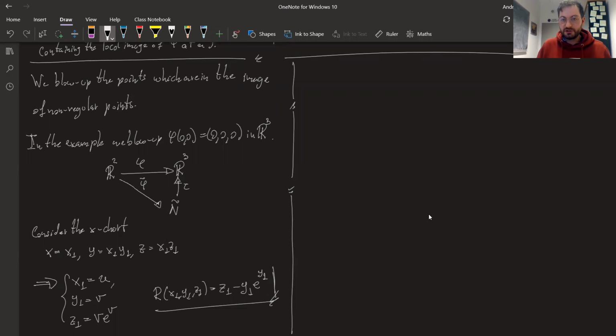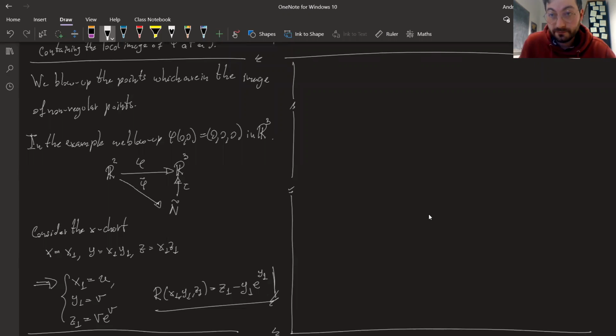We do have the relation that we want. Actually, we just need to make a change of coordinates in order to get a monomial. The change of coordinates given by W equals to this, so that it's only going to appear X1 equals to U, Y1 equals to V, and W equals to 0, and we're going to get a monomial. So this example, we can deal with it quite simply by just blowing up the point.